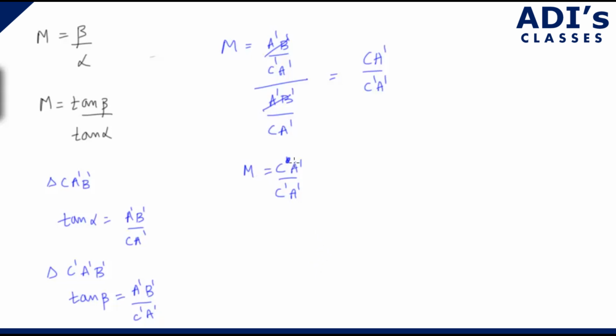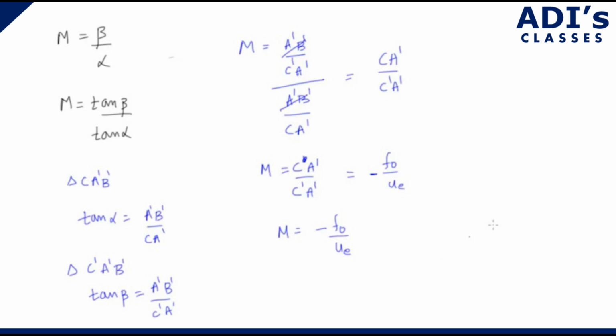Now by Cartesian conventions, C A dash is nothing but the focal length of the objective lens, which is positive, and C dash A dash is the object distance for the eyepiece, and it is in the negative direction, correct? So this will be F naught divided by minus UE. So we get M is equal to minus F naught divided by UE.